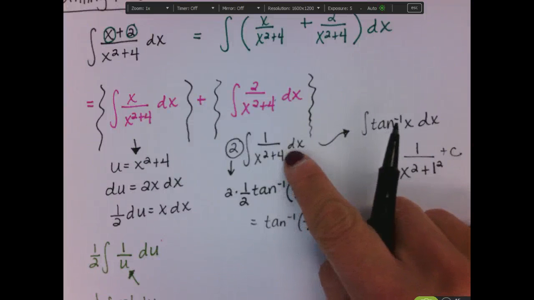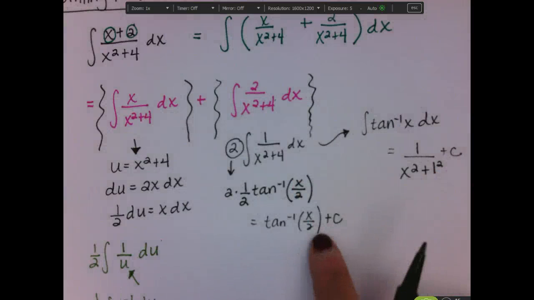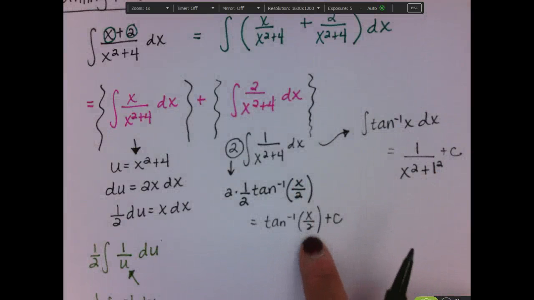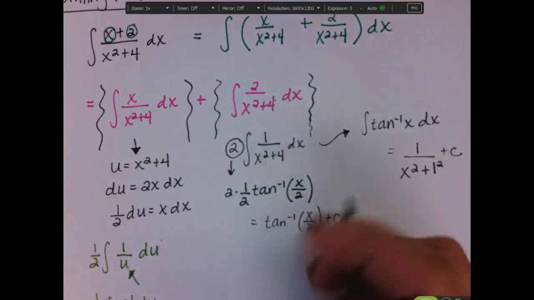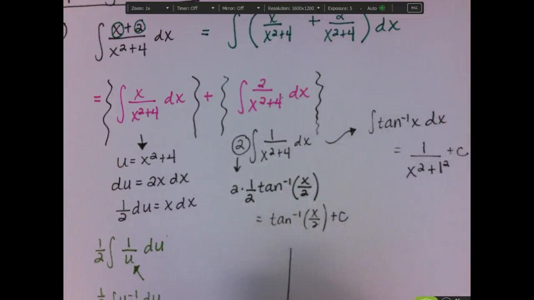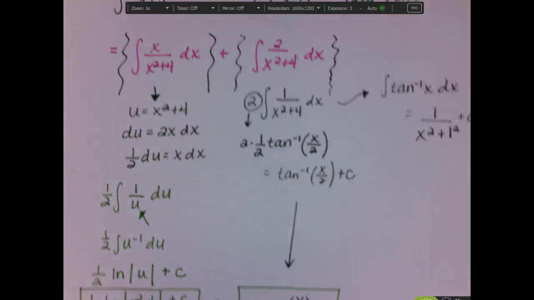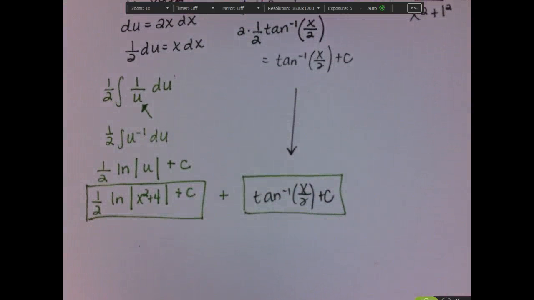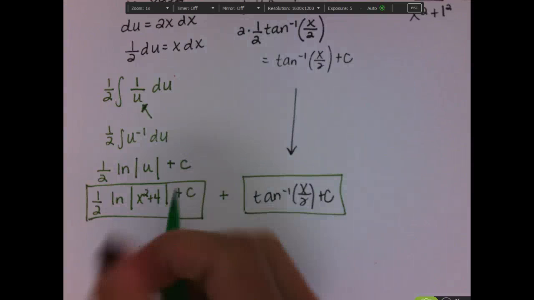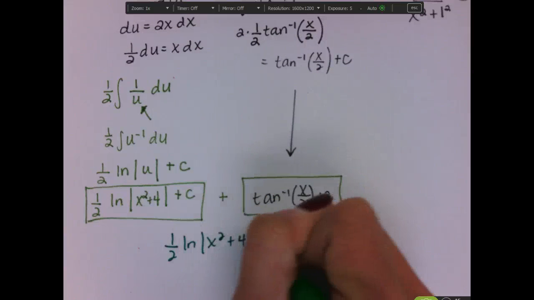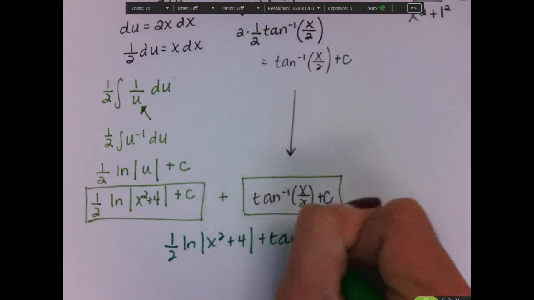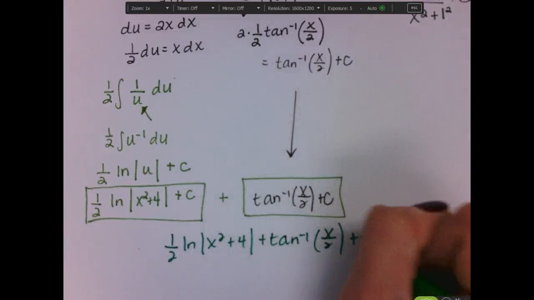It's a little bit tricky because it does involve simplifying a complex fraction, but hopefully you can convince yourself that this is correct, and if not, it's something that we can always address in the discussion. But anyway, it becomes the second term of my answer, and so I've got 2 terms. I don't need to add c twice, so I can just write all of this and then write c once at the end.